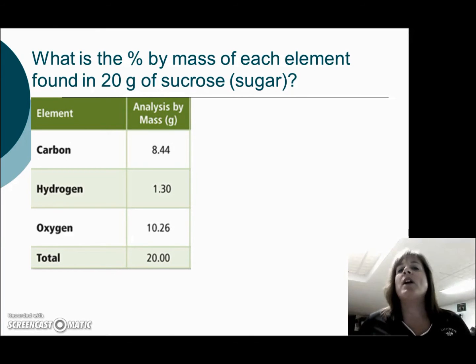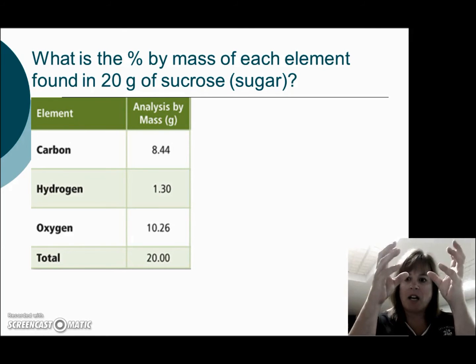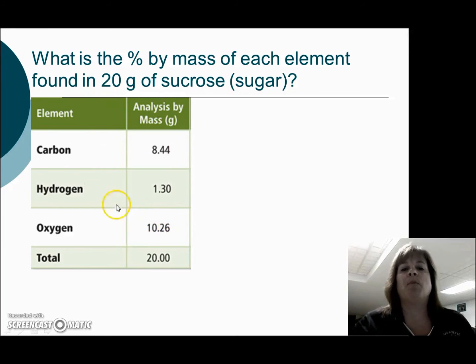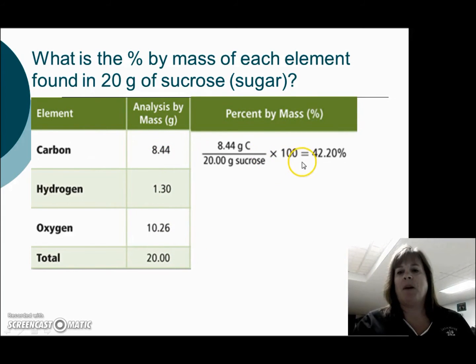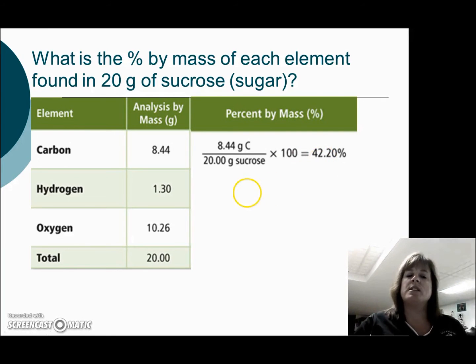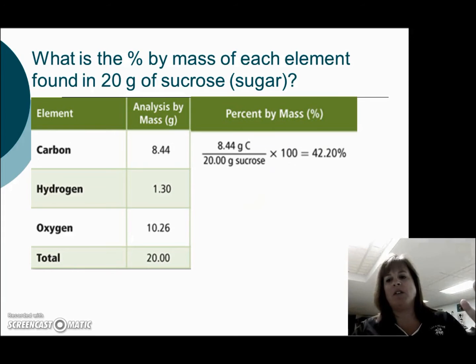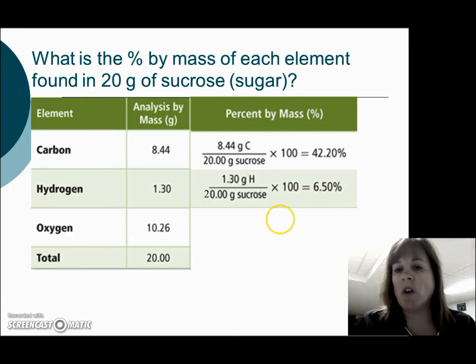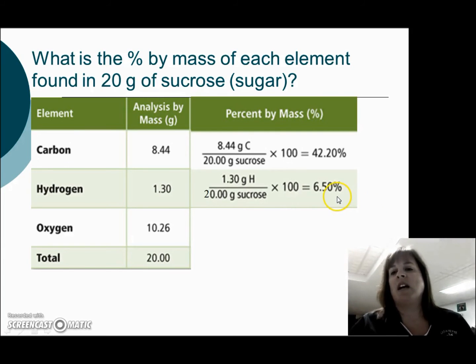Now, if I want to calculate percent by mass for each element, we're going to take the part, the mass of the element, and divide by the whole, the mass total. So for carbon, we're going to take our 8.44 grams and divide by 20 and then multiply by 100, and I get 42.2%. We can do the same thing with hydrogen, right? We take our part, the 1.3 grams of hydrogen, divide by the 20 grams total times 100, and you get 6.5%.